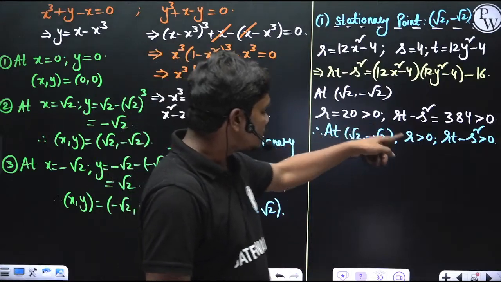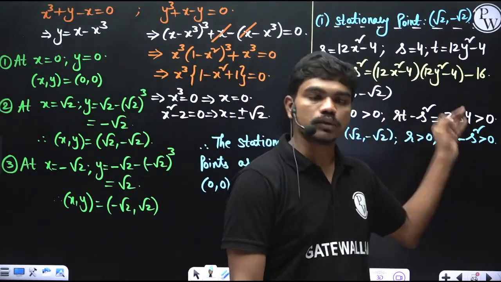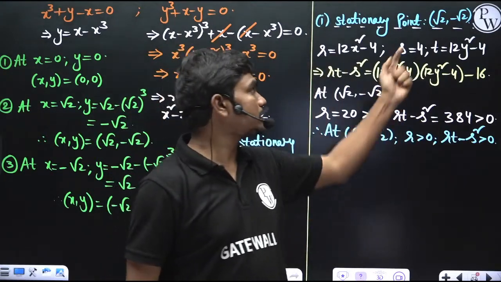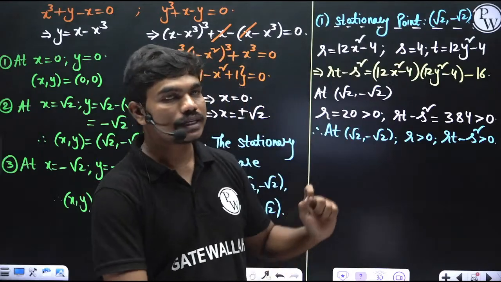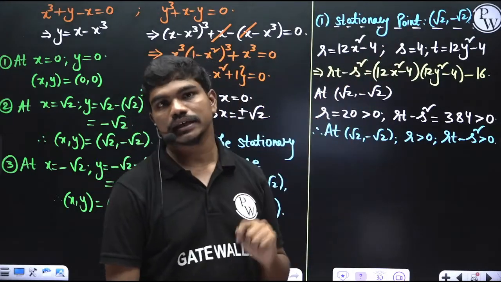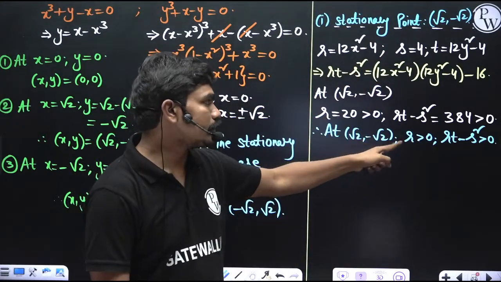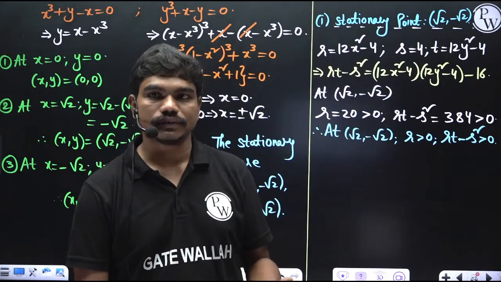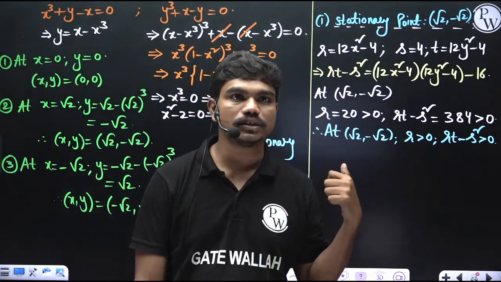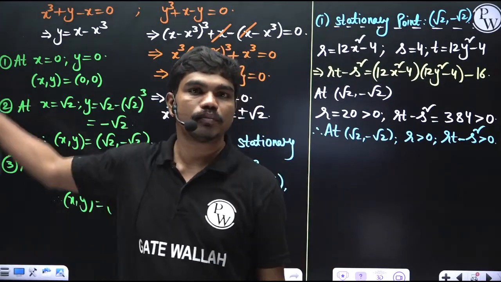So if r is positive and rt minus s square is also positive, can someone tell me what is the nature of this stationary point? This r is positive and rt minus s square is also positive. So can someone comment on the nature of this stationary point from the cases I have given you?